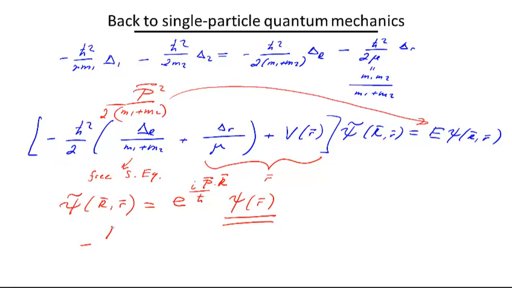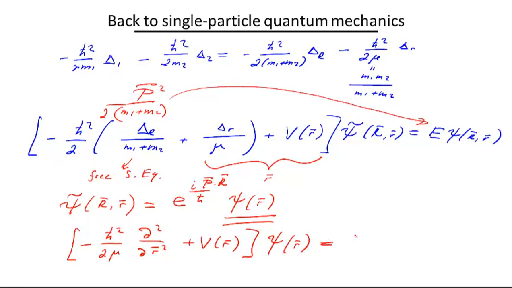So it's going to be minus h squared over 2 mu, so this reduced mass, times this Laplacian, which I can write as d2 over dr squared, plus V of r, acting on psi of r, and the right hand side is going to be this E minus P squared over 2(m1 plus m2). So let me just write it as E prime psi of r.